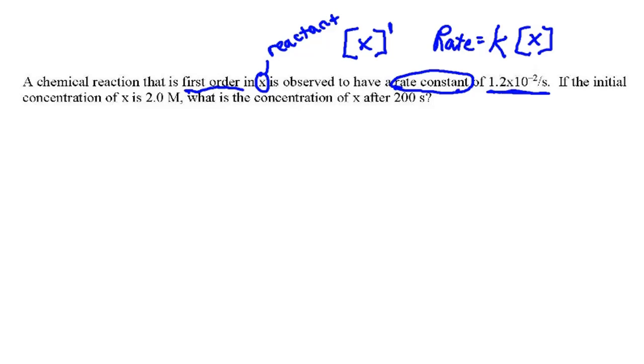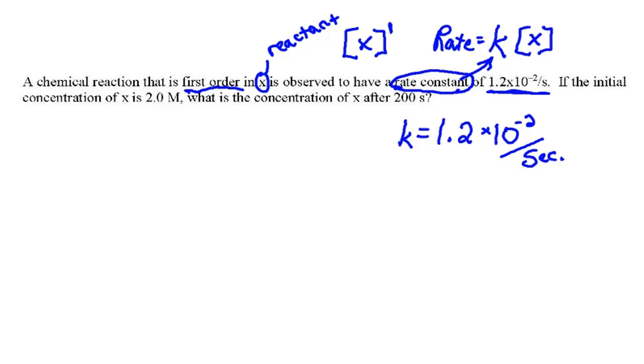So what's a rate constant? The rate constant is the K. So the K is going to equal 1.2 times 10 to the negative 2 per second.